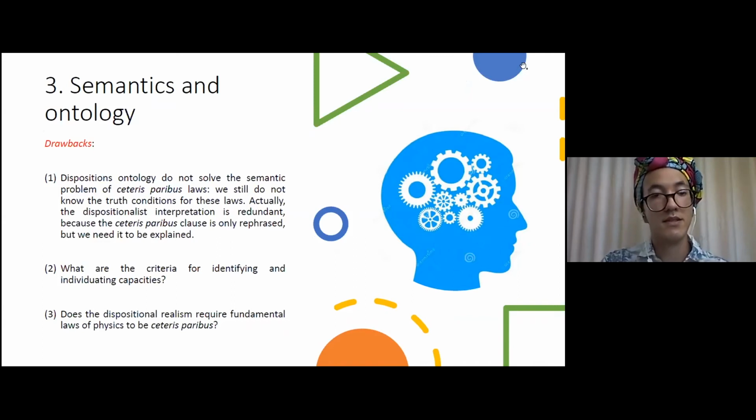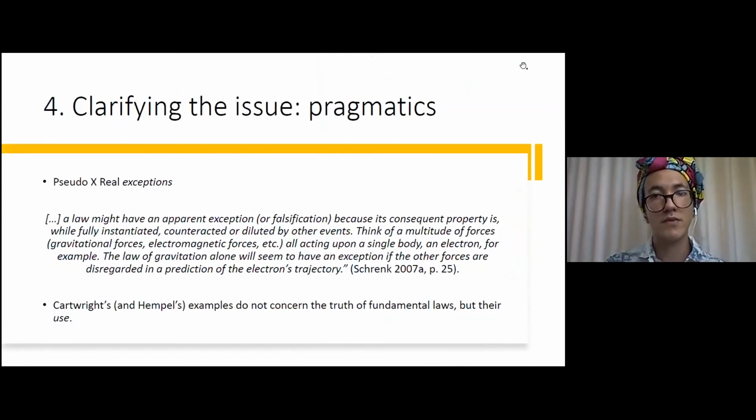In other words, does dispositional realism commit itself to the position of ceteris paribus laws all the way down to fundamental physics? In order to solve these kinds of problems, I argue that we need to clarify the issue concerning pragmatics and the classification of ceteris paribus laws. So I'll start with the pragmatics.